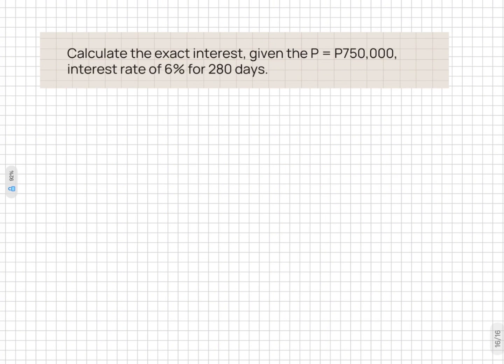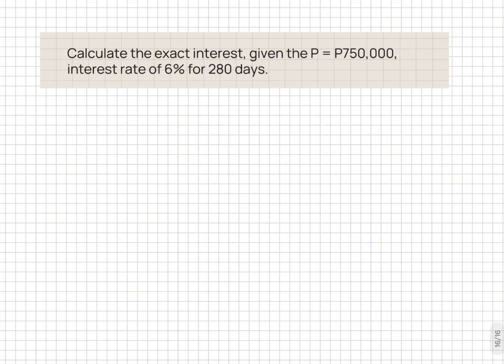So on the second problem, we should calculate the exact interest given the principal amount, which is 750,000, and an interest rate of 6% for 280 days. So we should first define the given values in the problem.